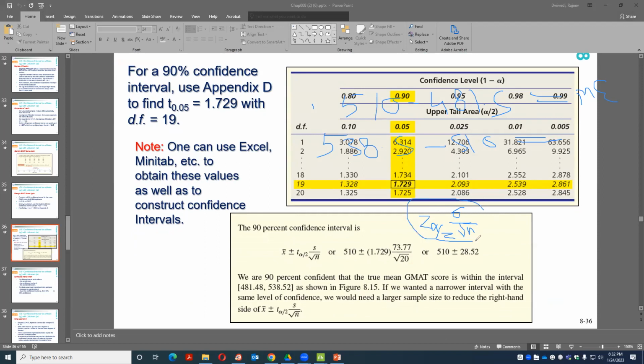After the plus minus, this part, 28.52, is called the margin of error. And only this part, with standard deviation and sample size, is known as the standard error.